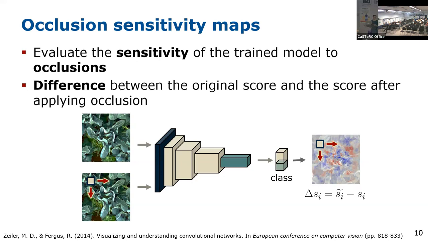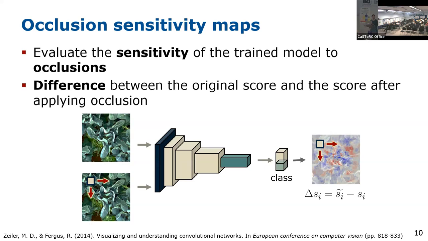For occlusion sensitivity, you evaluate the sensitivity of the trained model to occlusion. So you have a neural network, which is trained and fixed. When you give in a specific input image, like this cauliflower plant, you get a result if it can be harvested or not. So actually it's only one class, a score indicating if it can be harvested. And what you do for occlusion sensitivity maps is you cover up a small part of an image, and then you look at how much the output score changes.